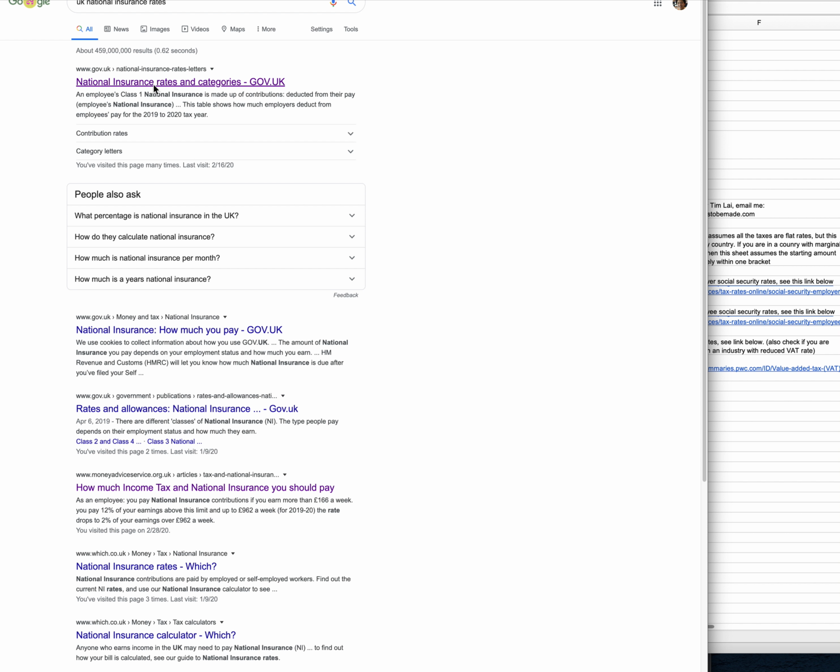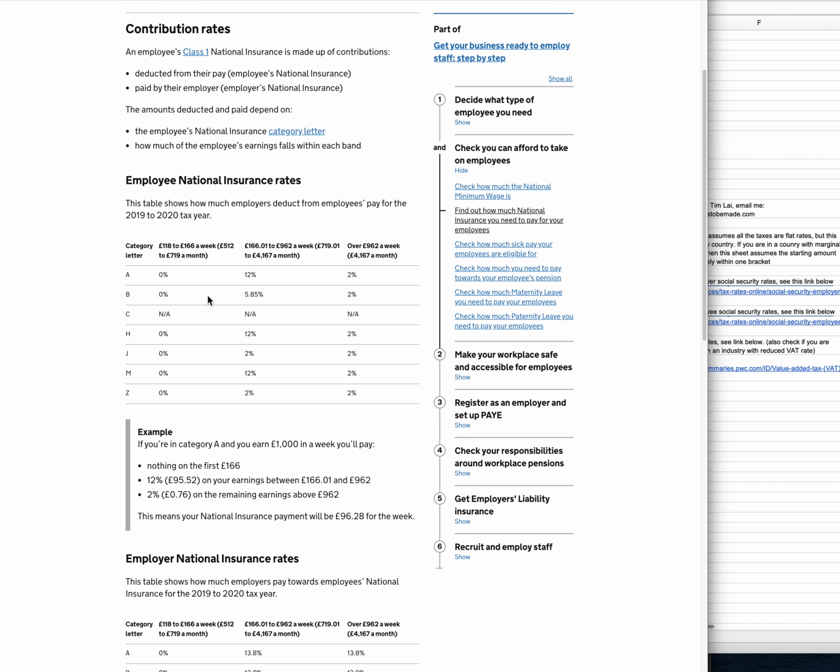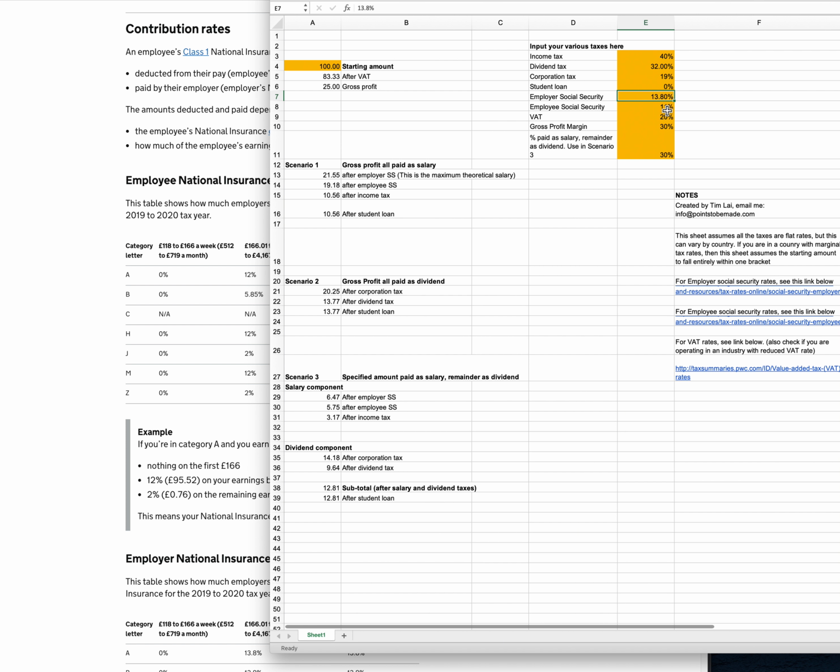Here we go. Yeah, employee national insurance rates. Okay, well, I guess that's what's taken the 2% mark. But okay, it's between 2 and 12%. But let's use 12% because we're trying to get a rough idea of what it's going to cost.